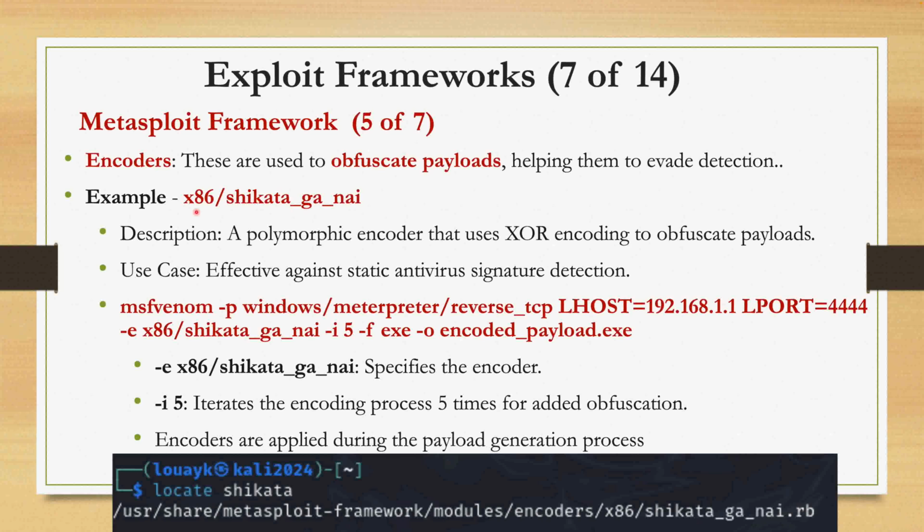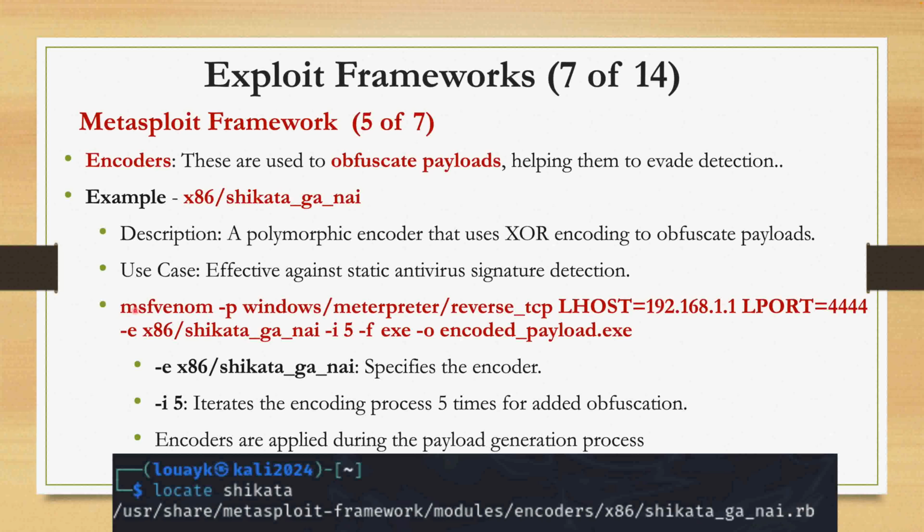Like, for example, you have this thing called x86 Shikata Ga Nai. This is a polymorphic encoder that uses XOR encoding to obfuscate payloads. It's used against static antivirus signature detection. It could work very, very well.